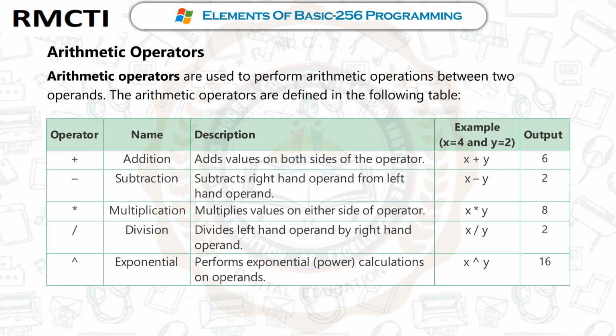Minus, subtraction, subtracts right-hand operand from left-hand operand. x minus y, 2. Star, multiplication, multiplies values on either side of the operator. x star y, 8. Slash, division, divides left-hand operand by right-hand operand.